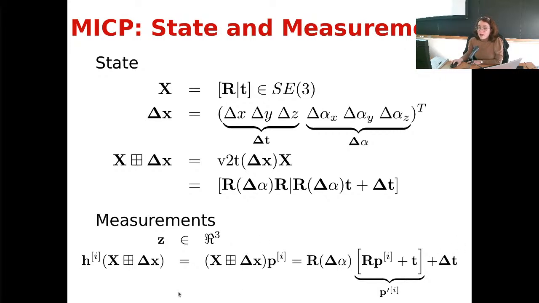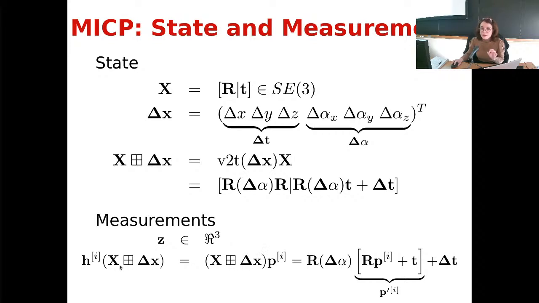So, in this case, the prediction function is given by x p_i, so it's the application of the transformation x to the point p_i, because our state is the transformation from the world frame to the robot frame.